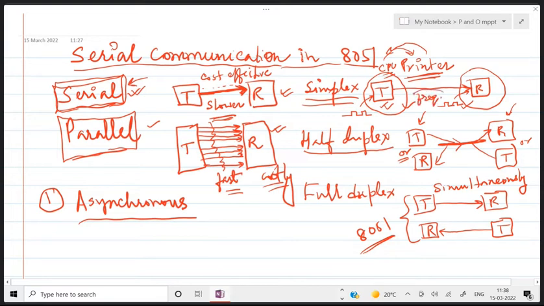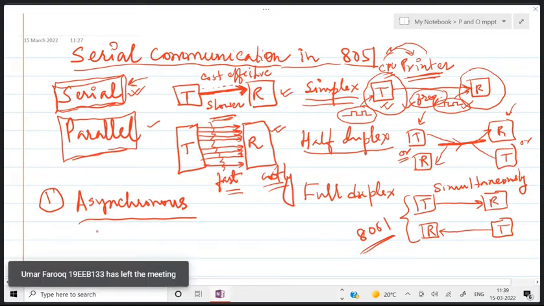There is one common misconception among students that in asynchronous serial communication the transmitter and receiver operate at different frequencies, so it is called asynchronous. No, it is not the case. They both operate at the same frequency, but from different clock sources. So that is asynchronous serial communication.